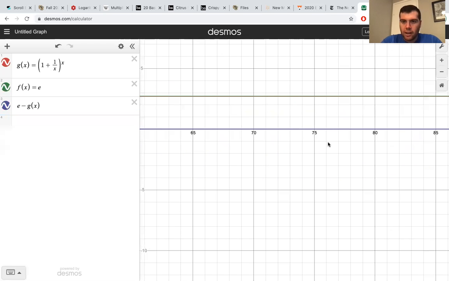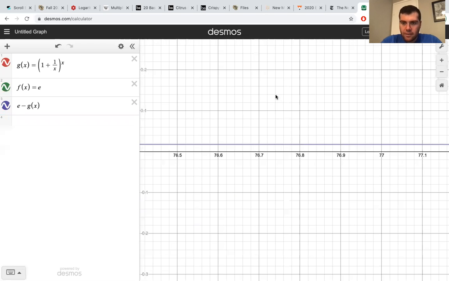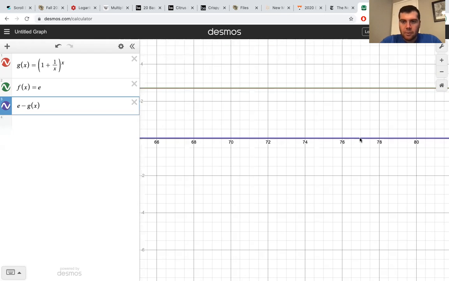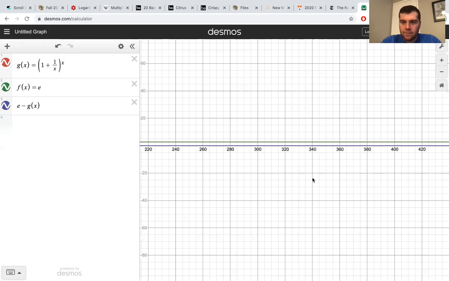So as we go far out, we can zoom in, and we see that even around 75, we're about a 200th. So that would be if we chopped our day up into 75 intervals.